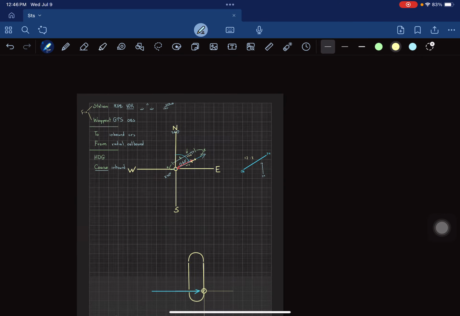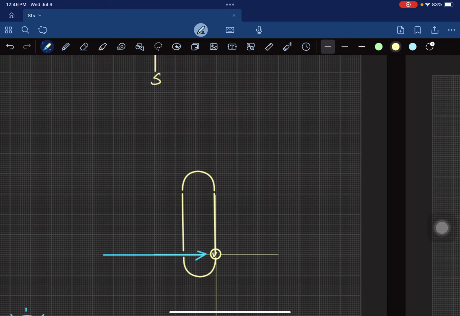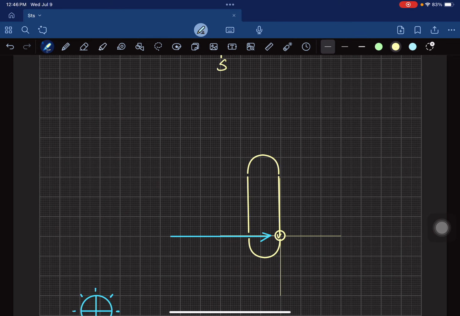Okay, to finish, let me depict the importance of choosing the correct entry. And let's use this hold as an example.